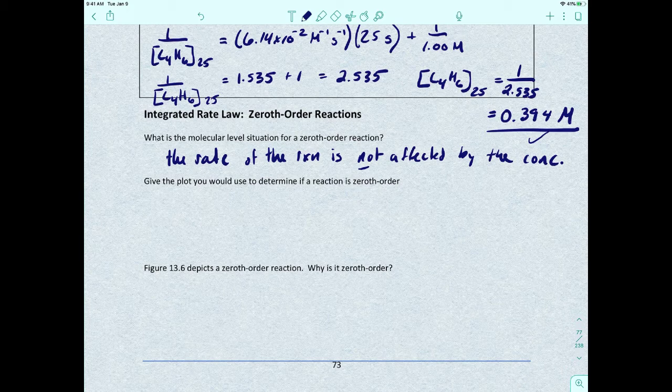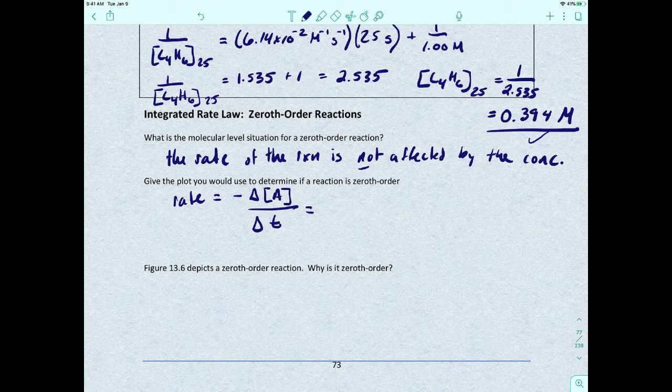So how would we determine whether or not a reaction is zero order? Let's start from the point of view that we know. If we write a general expression for the rate, the rate is equal to the negative change in the concentration of our substrate A divided by the change in time.